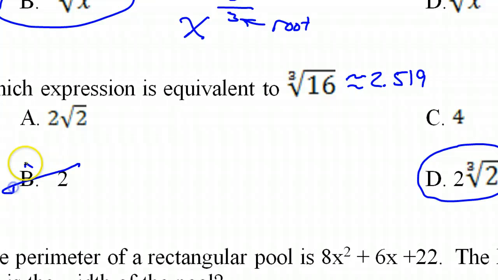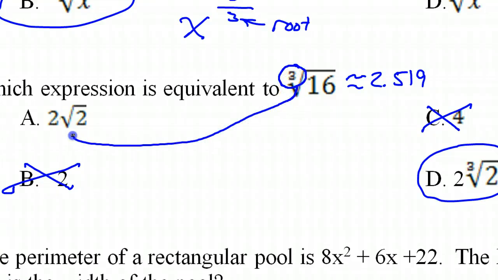So right away, you know that it can't be B, because that's not 2.519. It can't be C. So it can only be A or D. Those are the only possibilities. Let's say you were leaning towards A. I'm going to say that that's a little silly to even be tempted, because this is cube root. So how is it going to change from cube root to square root? We've never seen that before. So that was a silly guess on your part.